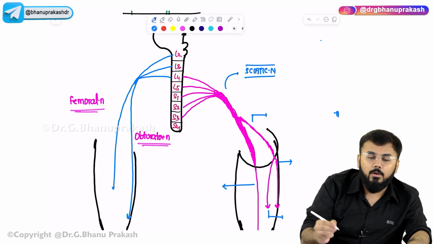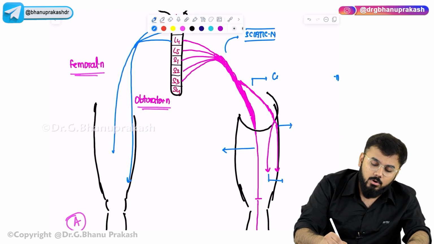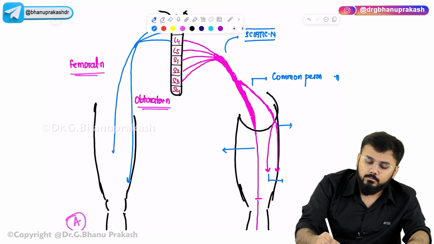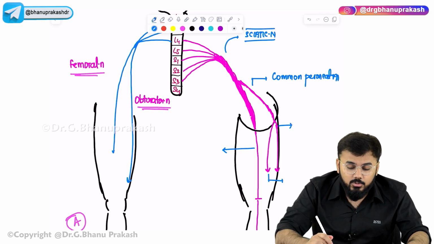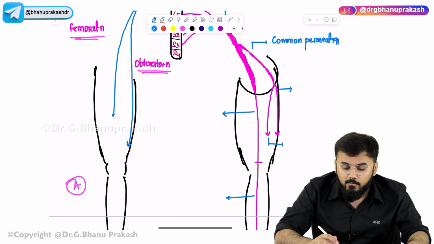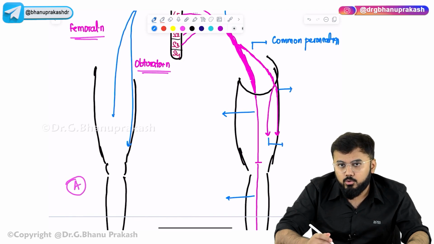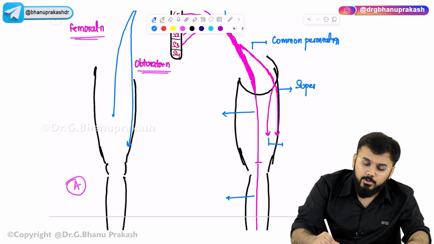Sciatic nerve. Okay. Now this sciatic nerve gives out a branch, and this branch is called the common peroneal nerve. If you look, the common peroneal nerve is dividing into two. One is lying just beneath the skin, I mean superficially, and one is lying deep.